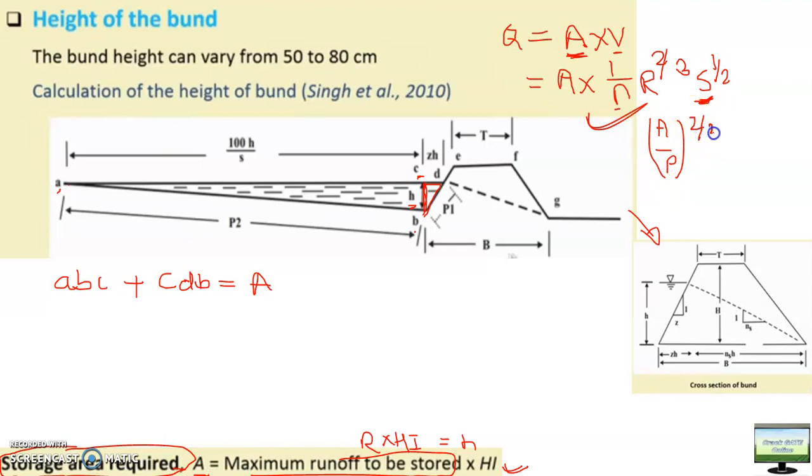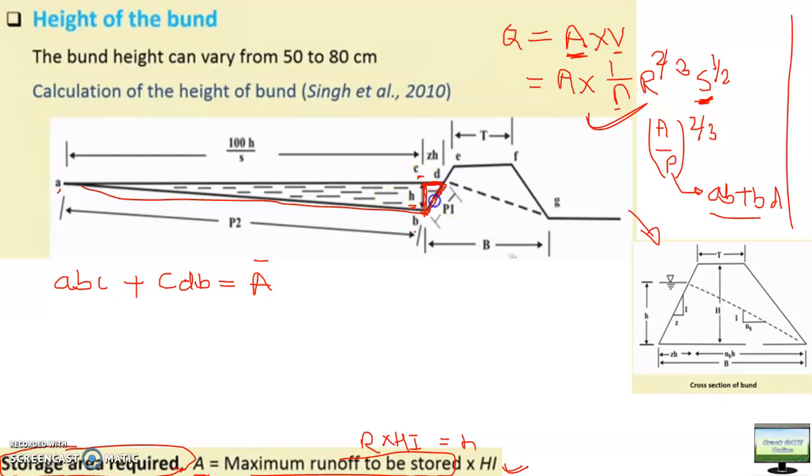P is the wetted perimeter, meaning whatever area is wet, so this will be nothing but AB plus BD. So BD plus AB will become your wetted perimeter. You have to write it in this form. And what is the length BC?